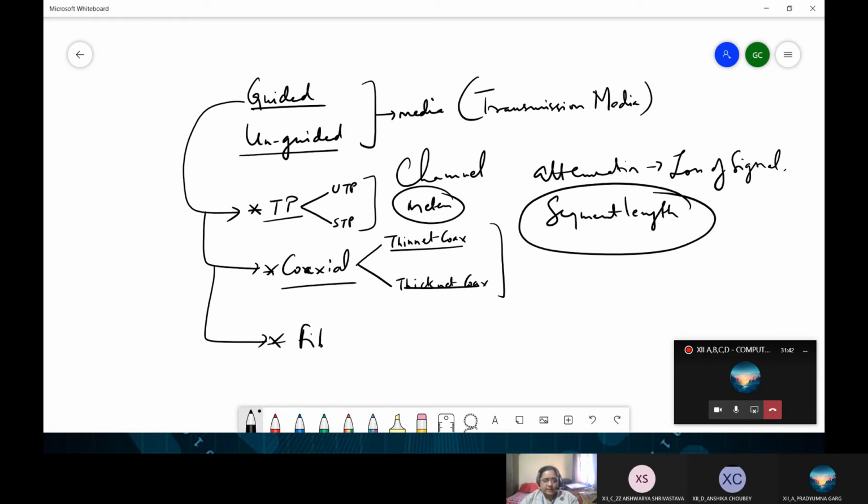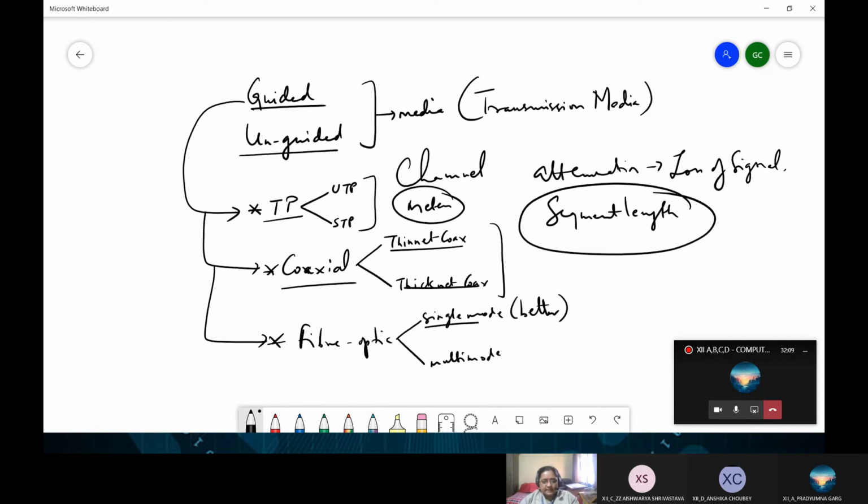Talking about the other, that is fiber optic cables, which is considered best in the industry, there also we have two basic cable types, which are one is single mode and one is multi mode, where single mode is better than multi mode.